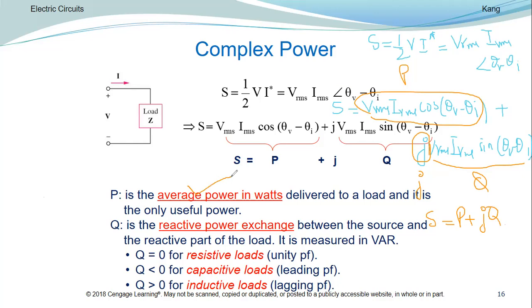Here P is the average power in watts delivered to a load, and it is the only useful power. So P is basically the real part. You have to know that P is the average power, which is generally expressed in watts, and it is delivered to a load, and it is the useful power used to find the value of complex power in a given circuit.